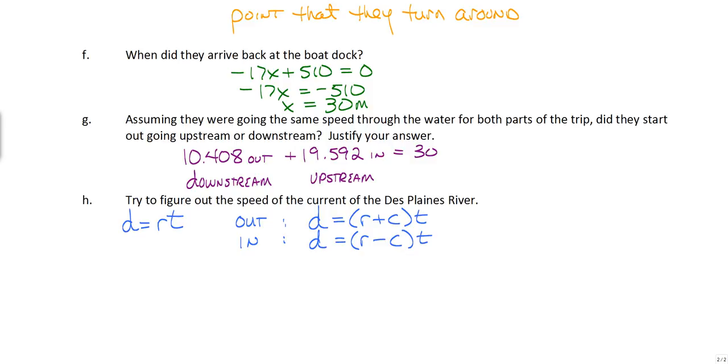Okay? And now we know some of this information already, so we're just going to substitute it in. We already know the distance they turn around is 333 meters, and that's equal to our rate plus the current and our rate minus the current.